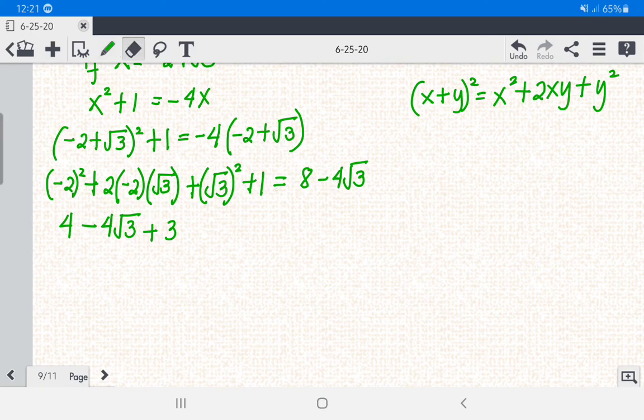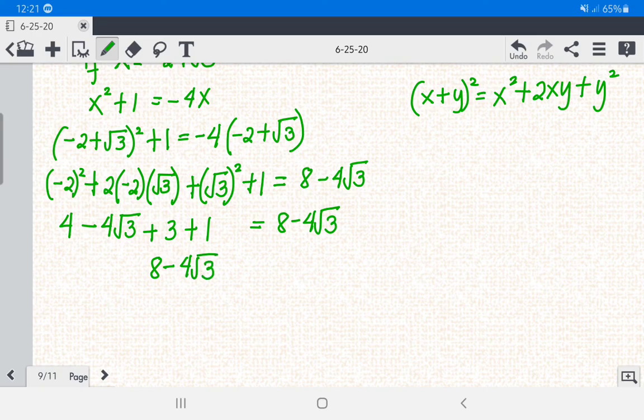Then plus 1 equals 8 minus 4 square root of 3. Are they equal? Let's see. So we have 4 plus 3 plus 1, so we have 8, right? Then 8 minus 4 square root of 3.